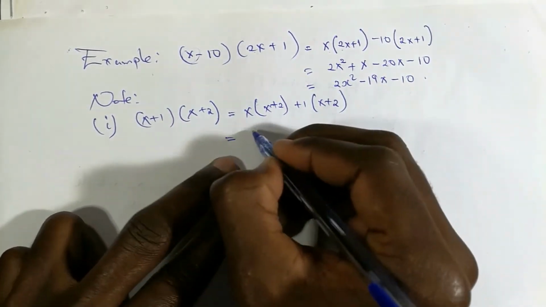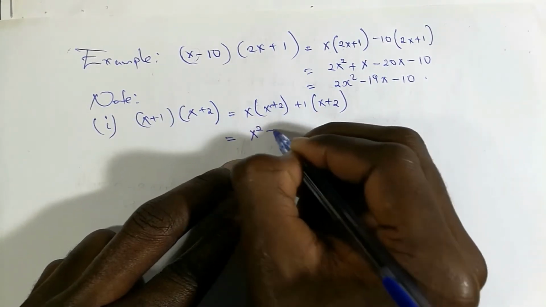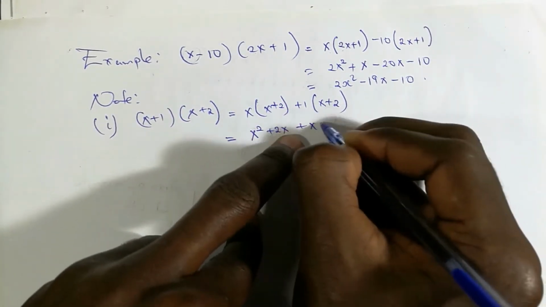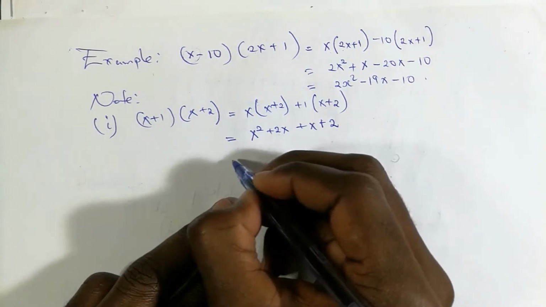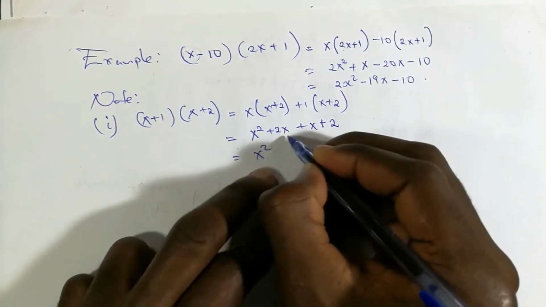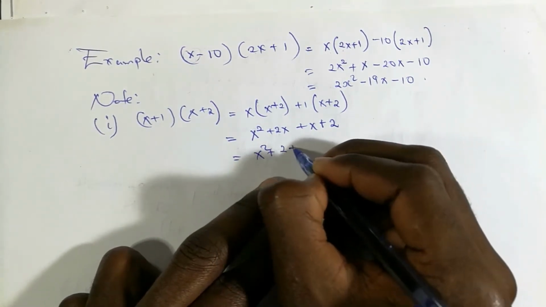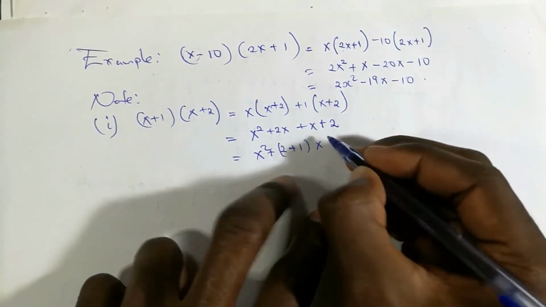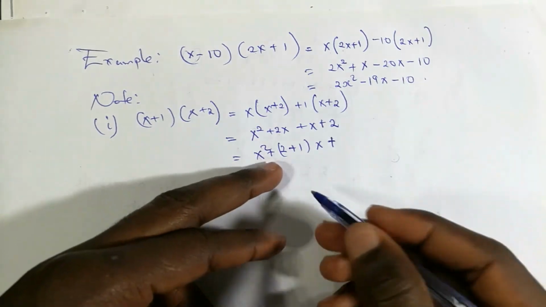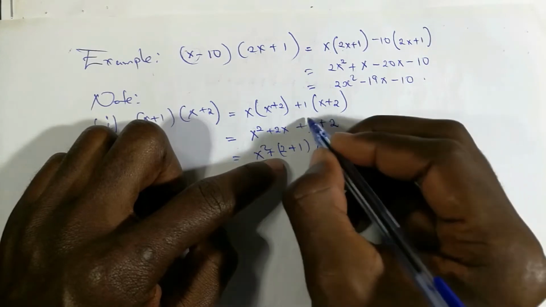We expand that, and we're going to have x squared plus 2x for that, then plus x plus 2 for this, so that here we can say x squared. Let us factorize out x. We have 2 plus 1, then plus, here we have factorized out x, then here we have plus 2.